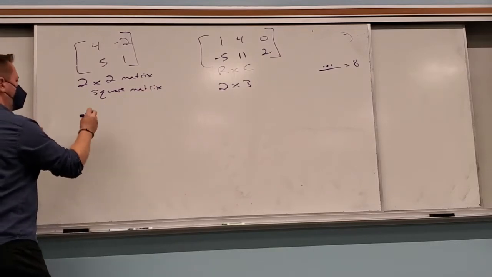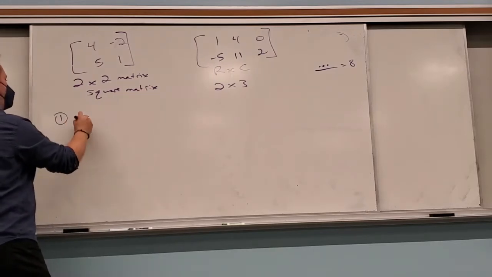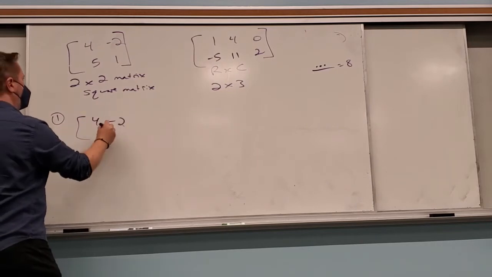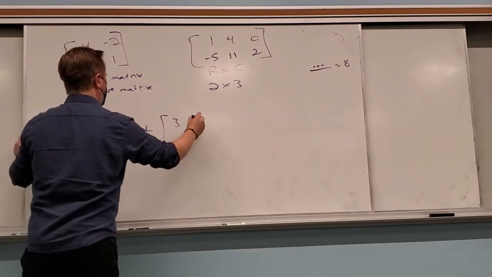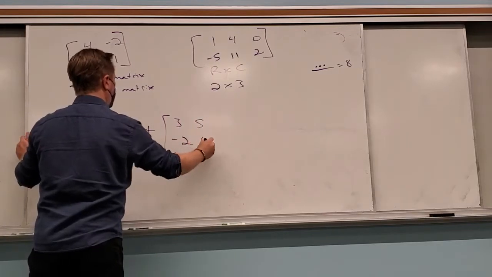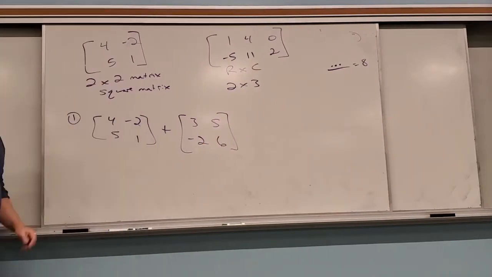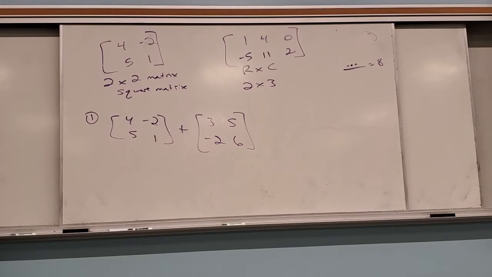So let me just put a problem up here and see what you guys think. What is 4, -2, 5, 1 plus 3, 5, -2, 6? What do you hope that would be?